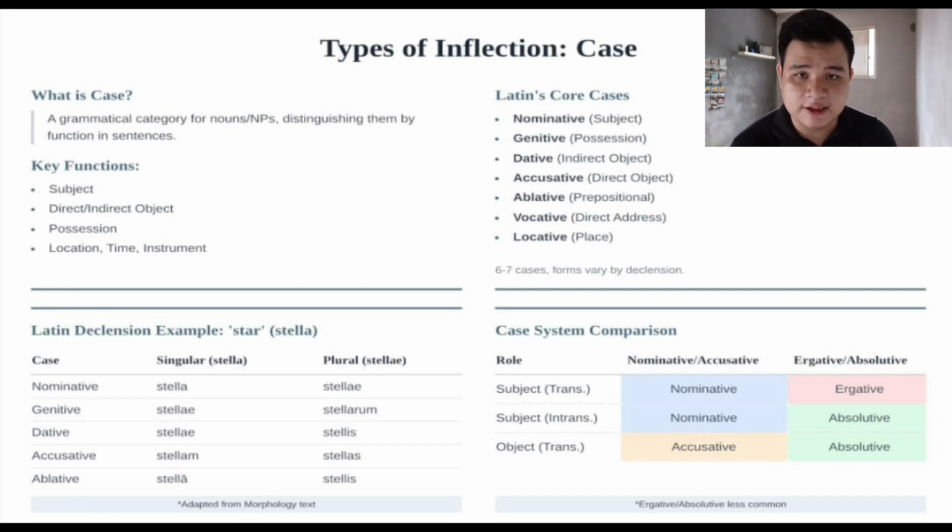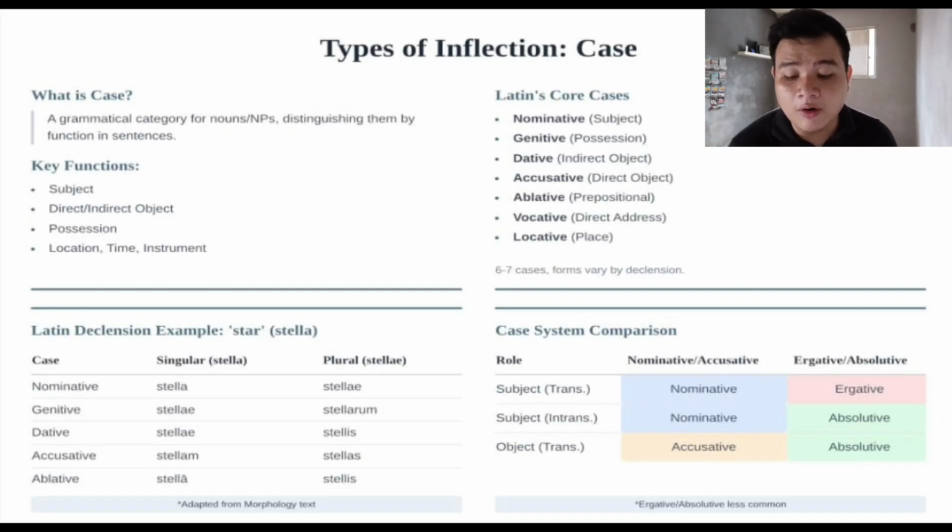Okay, case. Case is a system that marks the grammatical role of a noun in a sentence. It answers questions like who is doing the action, who receives the action, who owns something, where or when something happens. Different languages use cases in different ways.